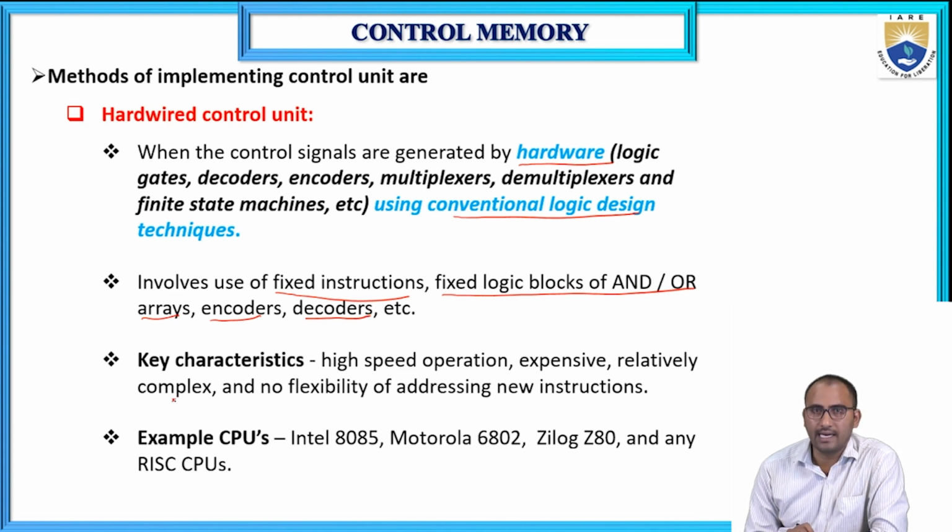Coming to the key characteristics of the hardware control unit, the first is high speed of operation. These hardware control units are very high speed because they can generate different timing and control signals at a very fast rate. As you have already seen, these hardware control units are designed using combinational logic circuits, which means the output depends only on the present input.